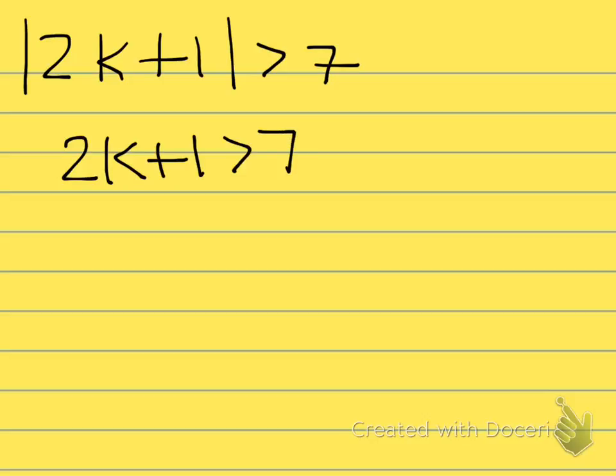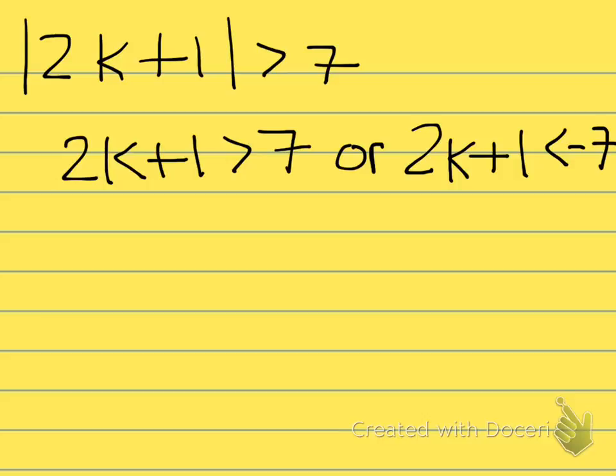And notice when I rewrite these, I rewrite them without the absolute value symbols. And I'm also doing the same thing that I did with and inequalities. I have one with the same exact setup as the starting point, and then one that flips the symbol and has a negative number. But we're still solving them separately.